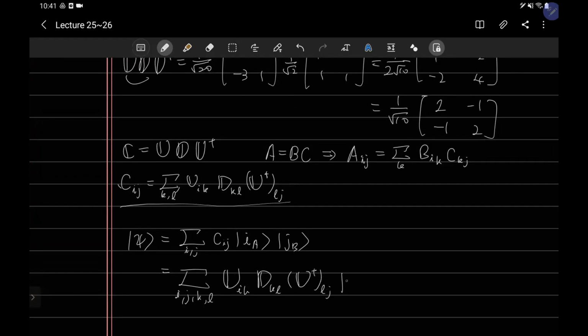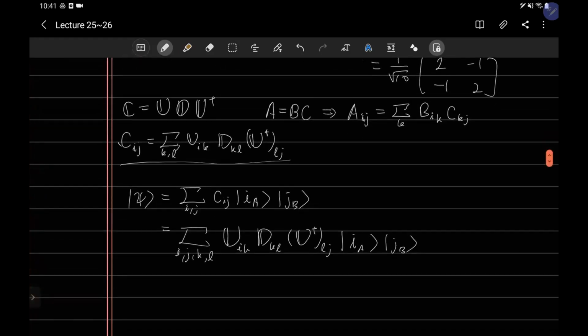And now I have these terms, i sub a and j sub b, like this. Now, what we can do is rearrange the factors. So you can see that the same i appears here and here, and the same j appears here and here.